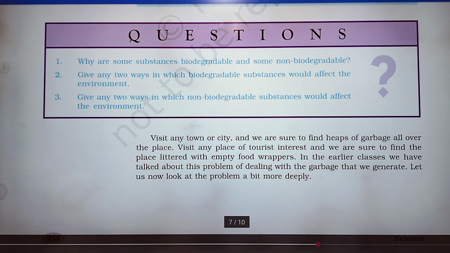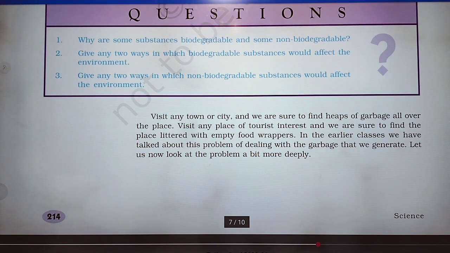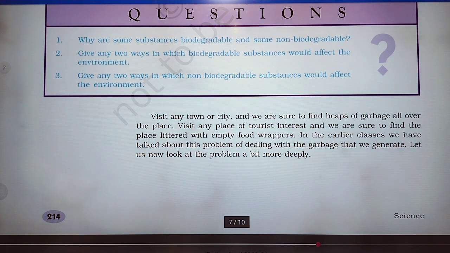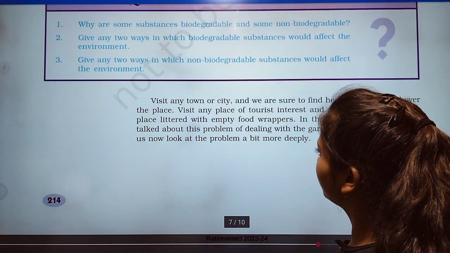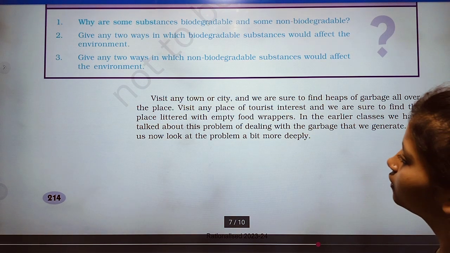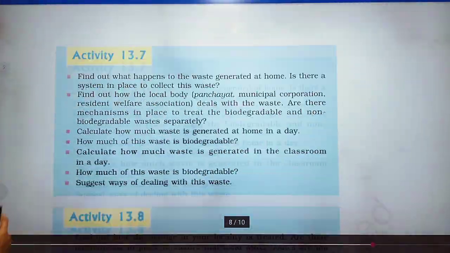Visit any place of tourist interest and we are sure to find the place littered with empty food wrappers. In earlier classes we have talked about the problem of dealing with the garbage that we generate. Let us now look at the problem a bit more deeply.